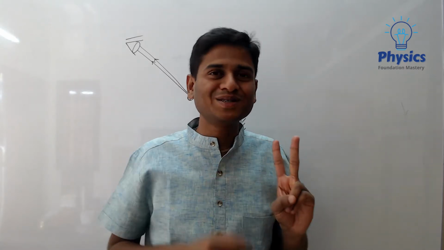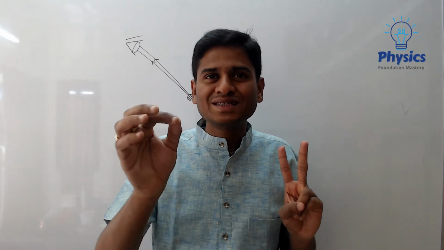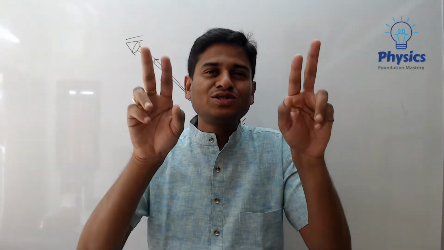The second aspect is that an image is always a distorted version of reality. Let me go in the same sequence of examples. When I'm standing in front of a mirror, I see myself inside the mirror. That image is indicating a reality, but it is a distorted version of reality. Why do I say distorted?